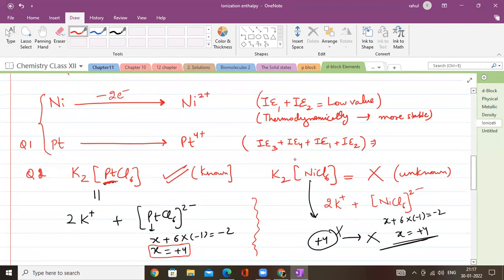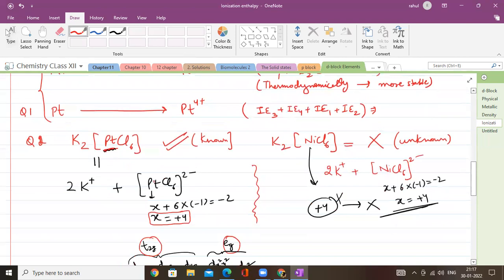This question can be framed in another way: K2PtCl6 is known, but K2NiCl6 is unknown. If you calculate the oxidation number, splitting it up, twice K positive plus PtCl6 2 minus, so x plus 6 into minus 1 is equal to minus 2. x is plus 4. So from here we conclude that platinum has a plus 4 oxidation state.